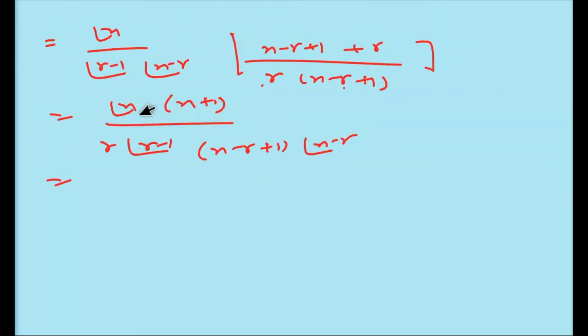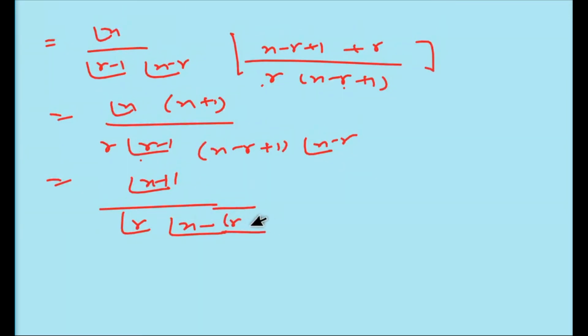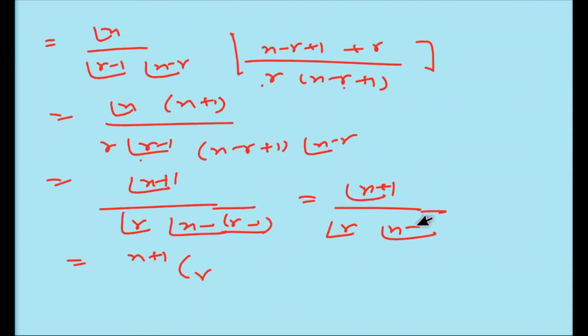So again we can write factorial n plus 1, and this can be written factorial r, and this can be written as factorial n minus r minus 1. So we can write n plus 1 Cr, and this can also be written as factorial n plus 1 upon factorial r factorial n plus 1 minus r. Okay, so we can write this formula, and it is equal to RHS.